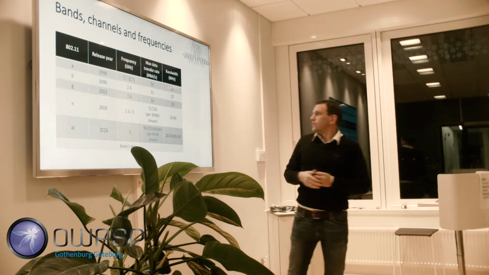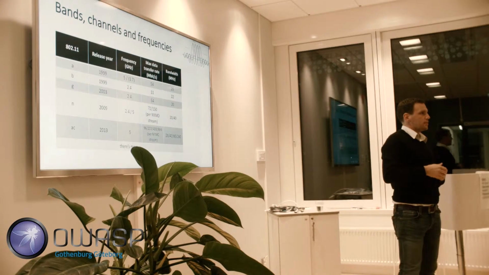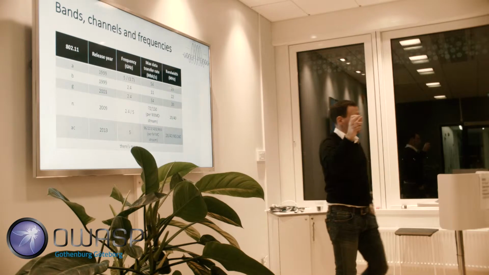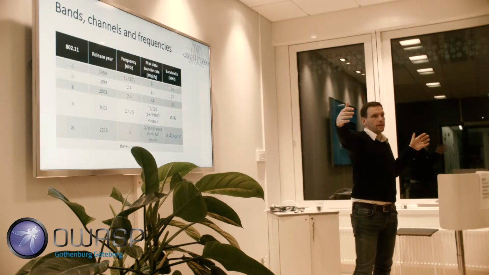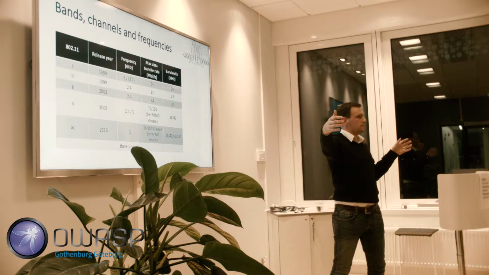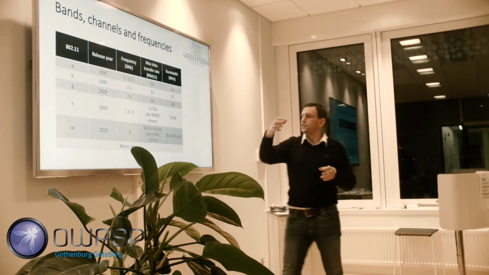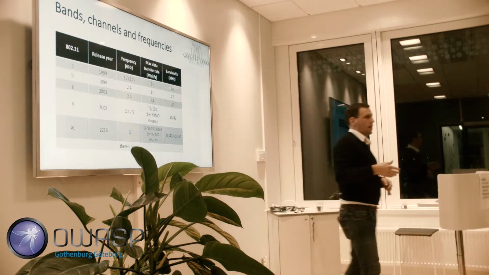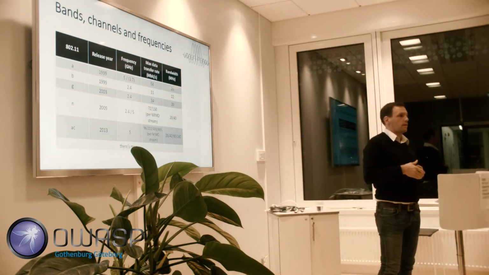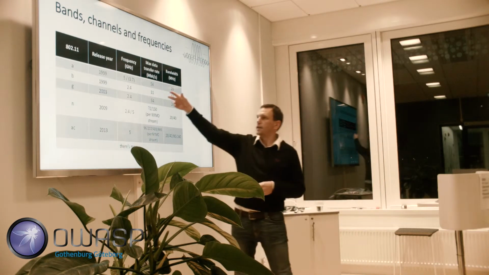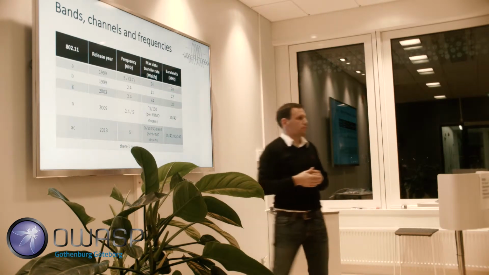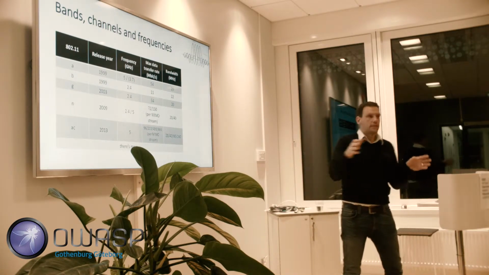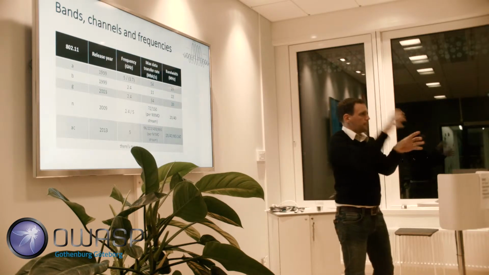Yeah, I've noted down some max data transfer rates, but it's not that important here. There's actually a concept of bandwidth. So each band is divided into different channels, and the channels can be of this width. And in the regular B and G band here on the 2.4 gigahertz frequency, these channels actually overlap.